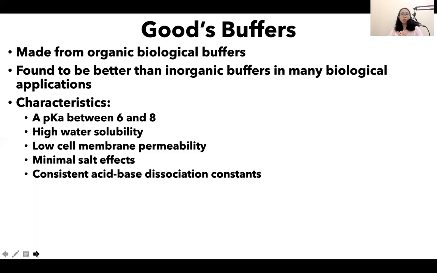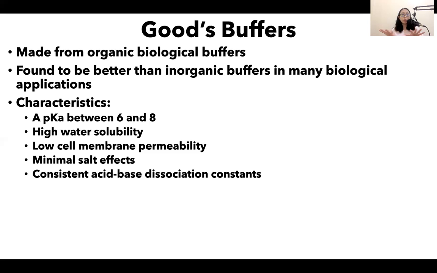Next, these organic biological buffers have consistent acid-base dissociation constants, the Ka values. You should know that your Ka values change when temperature changes, so they are temperature dependent. Most of our weak acids, their Ka values change with temperature and even with concentration.